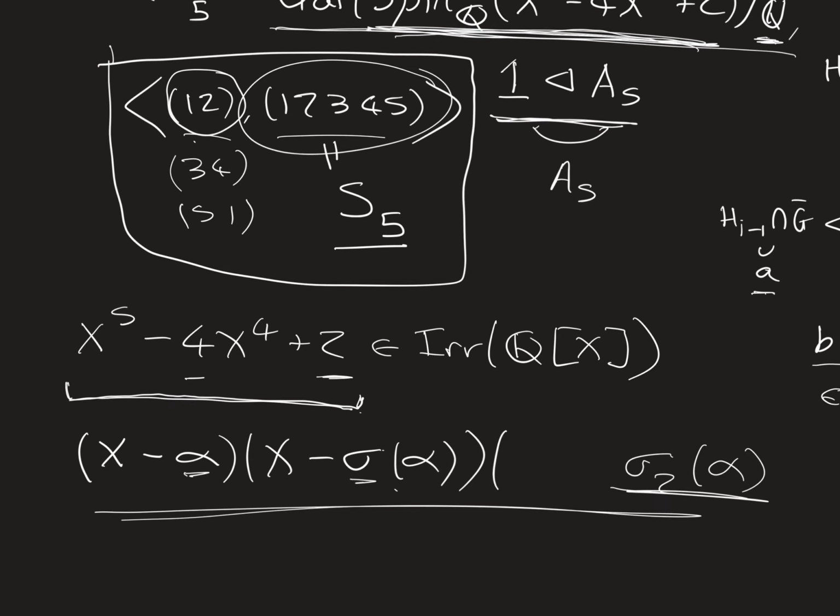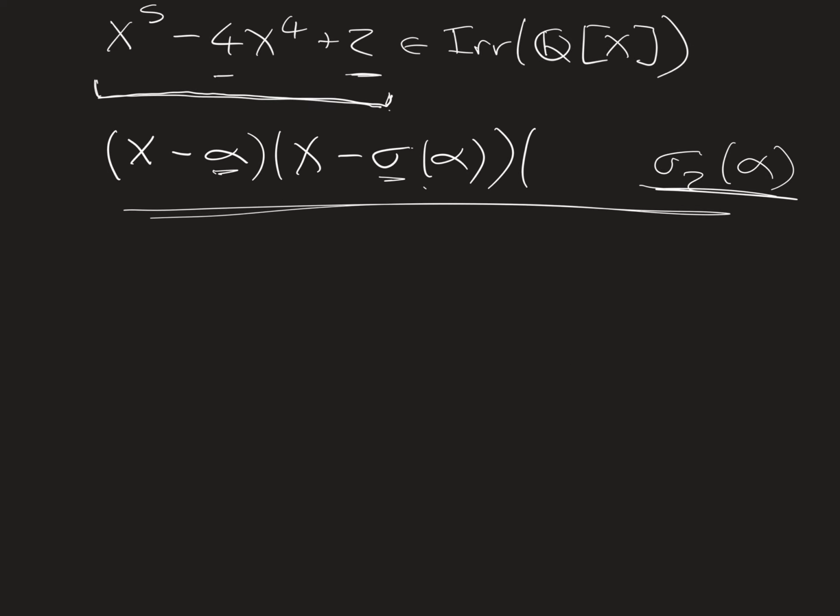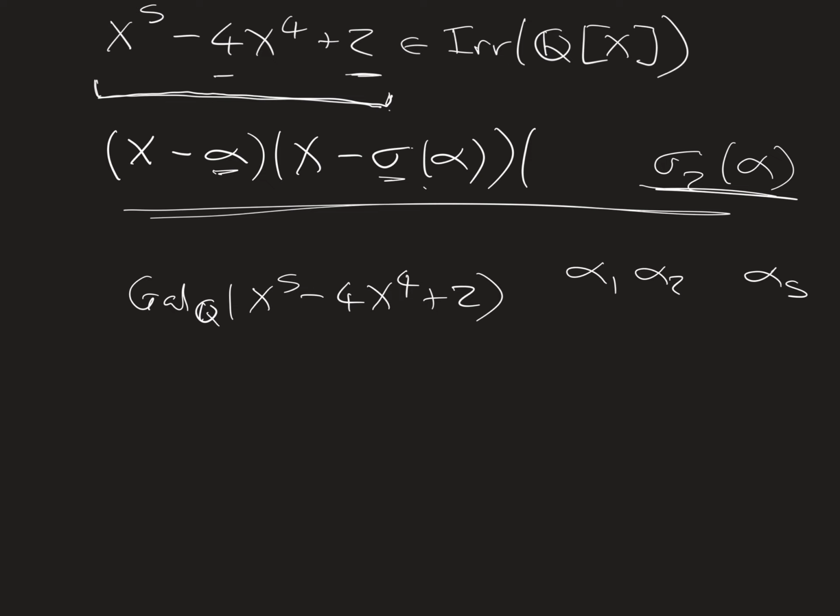So, how do we now use this? If you think about the group action, the Galois group over the rationals of x to the 5 minus 4x to the 4 plus 2, acting on the set of 5 roots, let's call them alpha 1, alpha 2, all the way up to alpha 5.